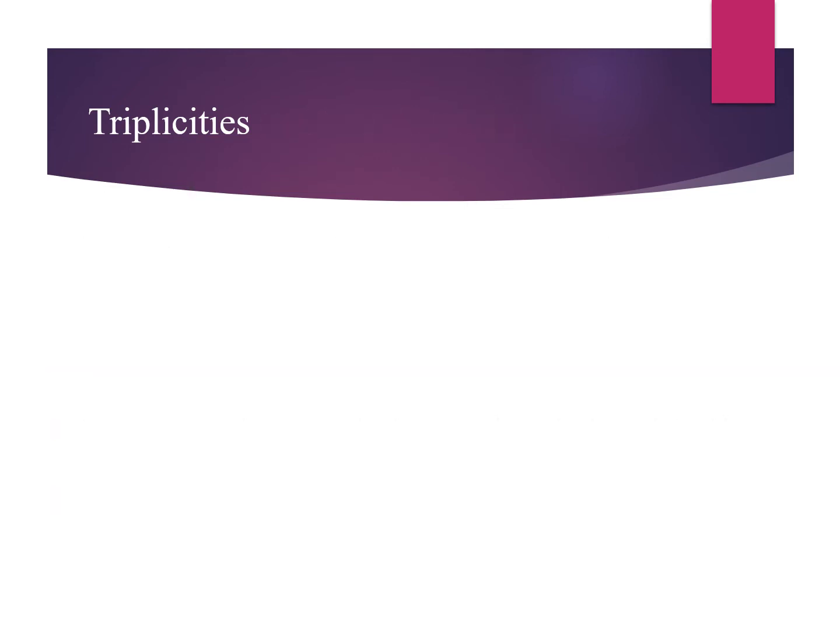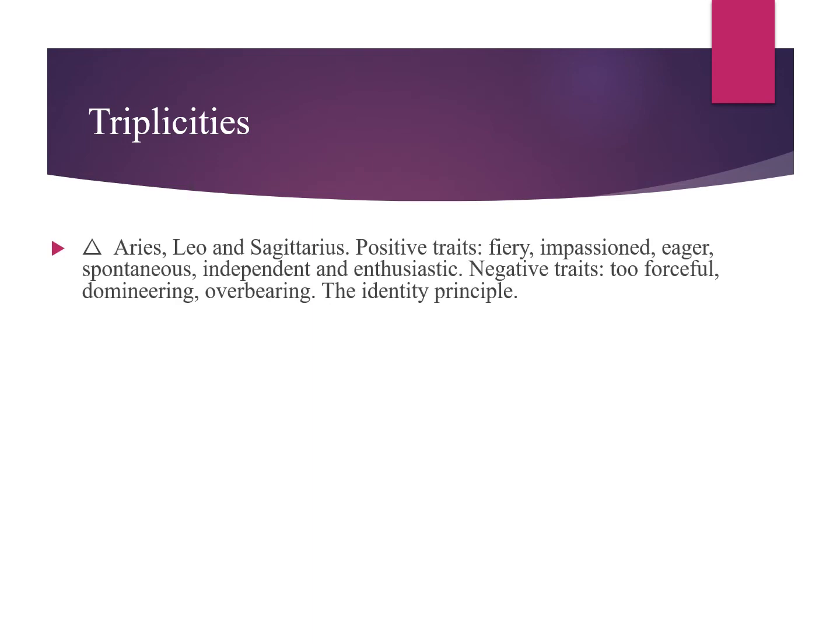So let's talk about the triplicities. The first is the triplicity of fire, which includes the signs of Aries, Leo, and Sagittarius. Positive traits that come from each of these signs are a fiery personality. They're impassioned, they're eager.